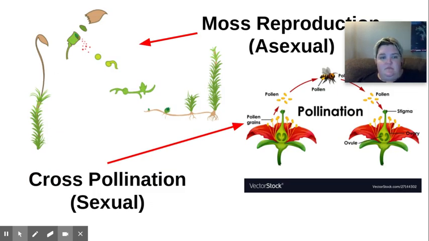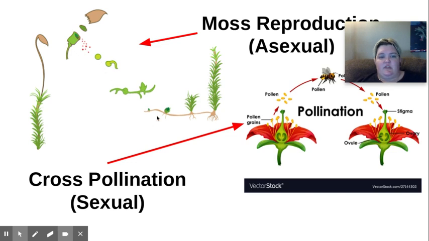So, the example that we just went over with asexual reproduction is the moss here. And you can see how its spores can come out here and can be planted into the soil by the wind, or, well, mainly by the wind.